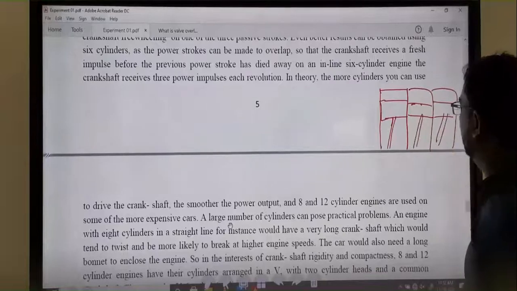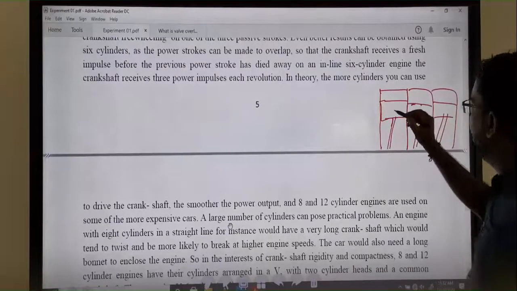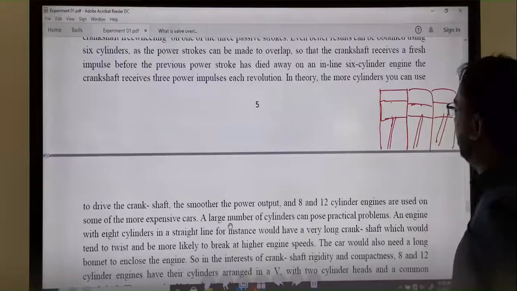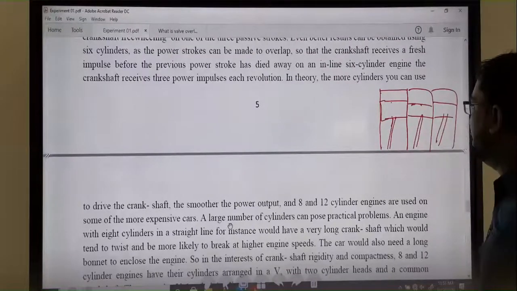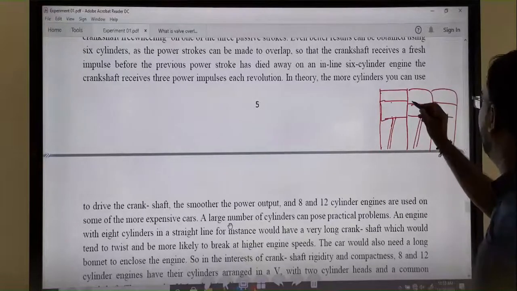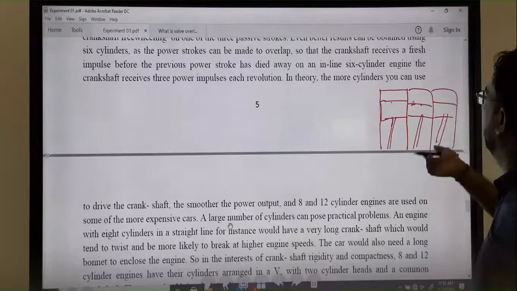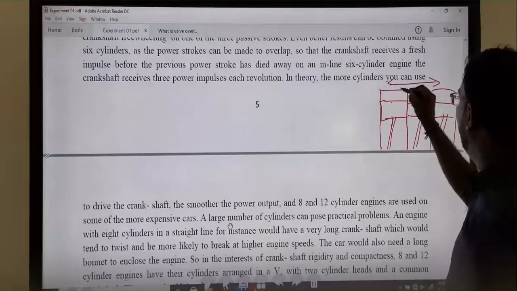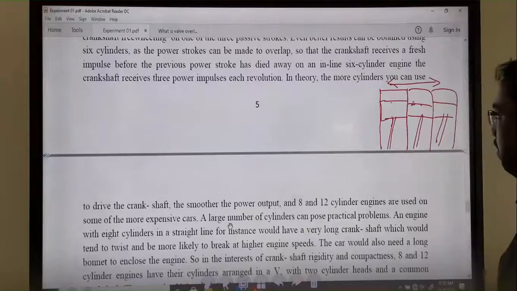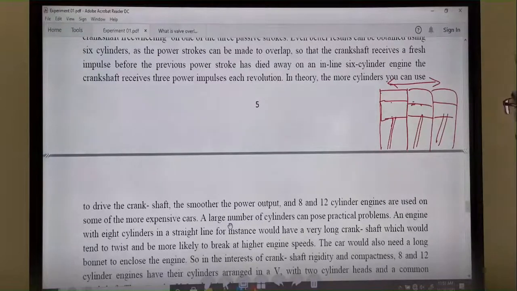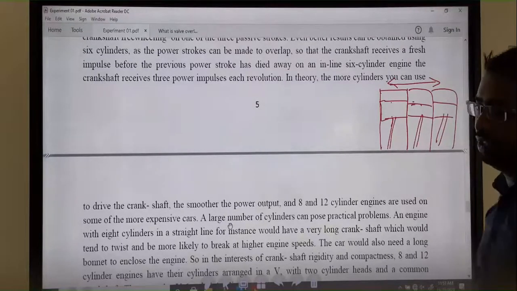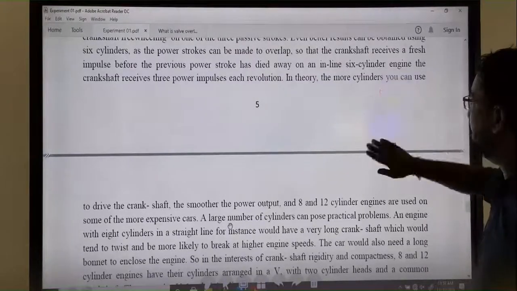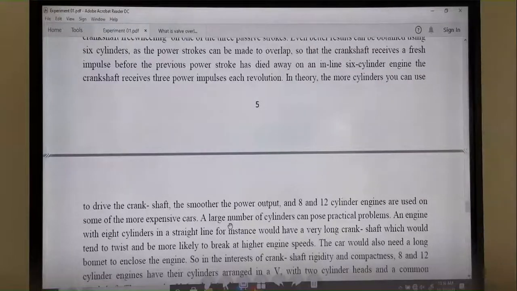So when this piston finishes the power stroke, we don't need to wait for another power stroke because the other cylinder starts the power stroke. So this engine continuously gets a power stroke, for smooth operation. So this type of engine is very smooth compared to the single cylinder. That's why manufacturers introduced the multi-cylinder.